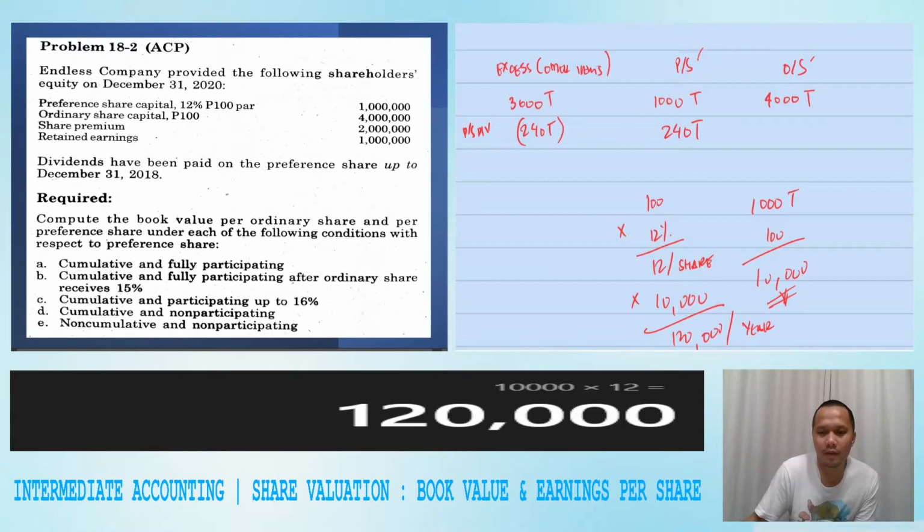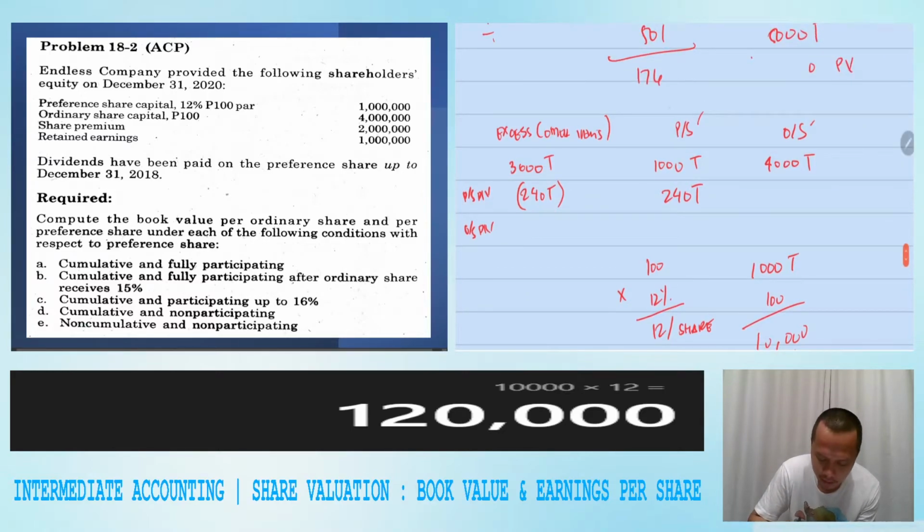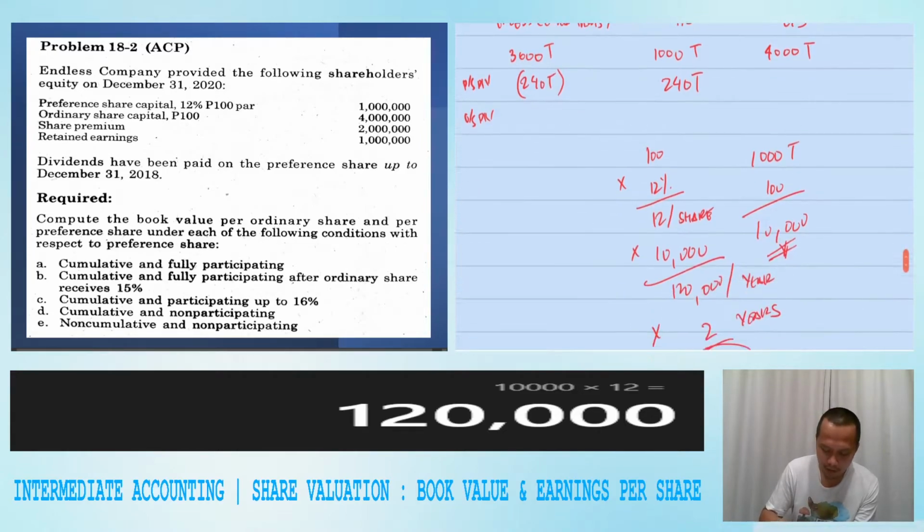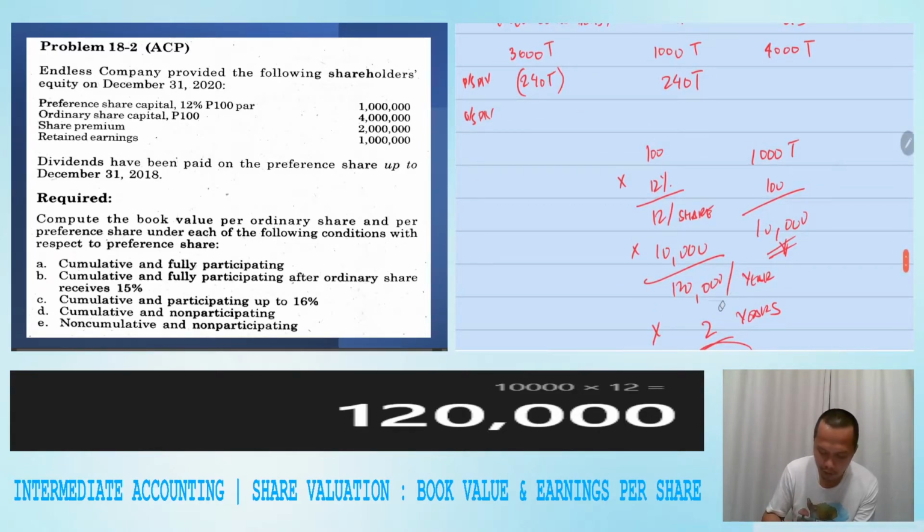As stated, pag participating, it goes din na dapat magkakaroon din yung ordinary shares. So, 12% of the par pa rin. Di ba? Now, kanina, pinakita ko kung paano yan siya computein the long way.